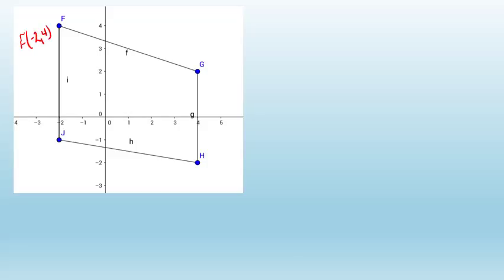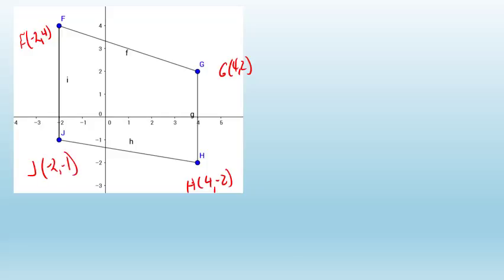The coordinates for G were 4, 2. The coordinates for H are 4, -2. And the coordinates for J are -2, -1.